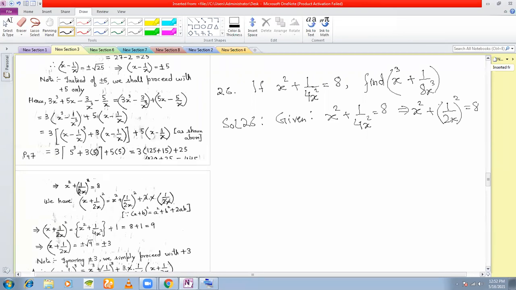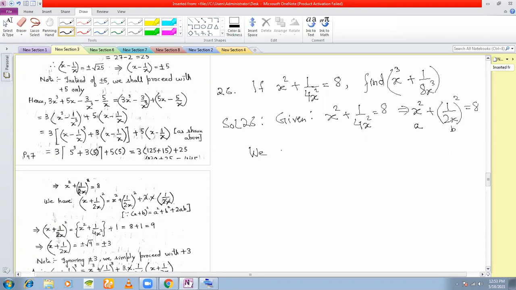So the power 2 is given here. We want to move from power 2 to power 3. How do you move from power 2 to power 3? In order to move from power 2 to power 3, we must first find out power 1. Okay, so how do you find out power 1? Which one is your a here? This is your a, this is your b.